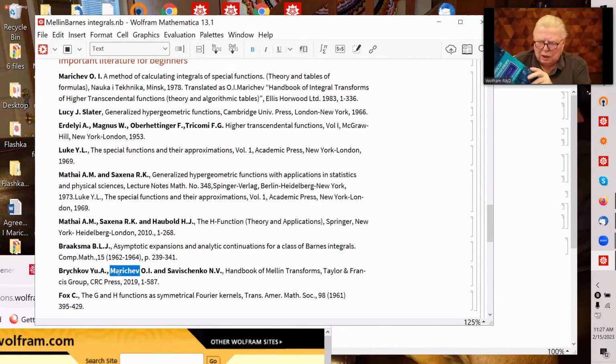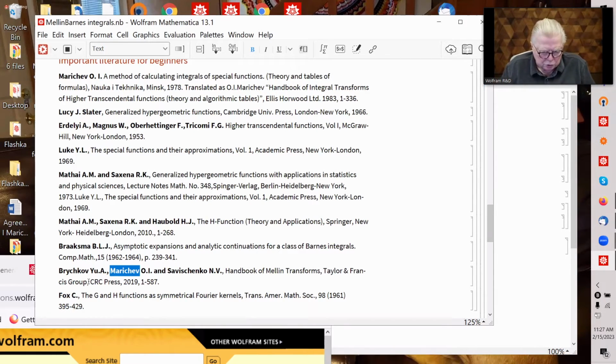It includes absolutely unique information about Meijer G and Mellin-Barnes integrals and how to make asymptotics. I gave tables of so-called equivalents for asymptotics. I will tell about this at the next lecture, not today.